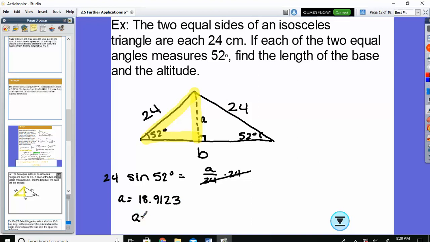So if we go to significant digits, we only had 2 in the problem, so that would be 19 centimeters for the altitude.